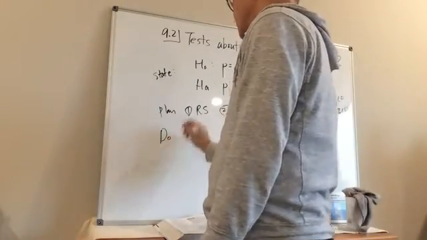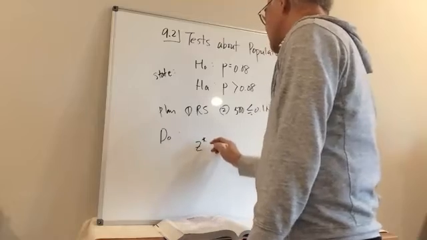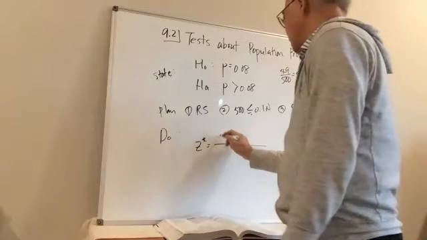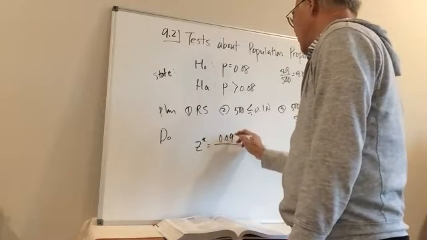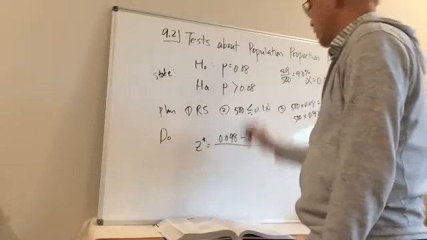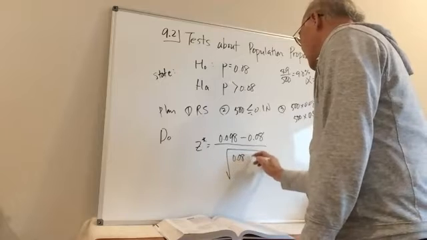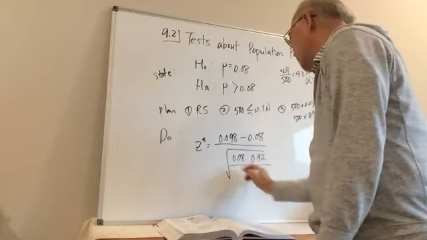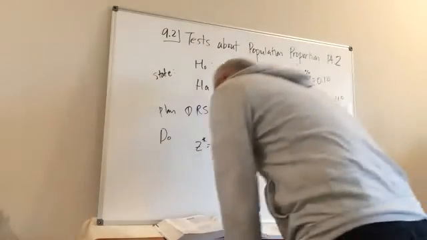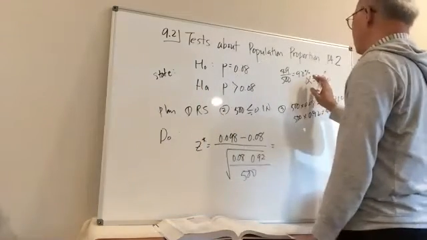Do. Let's find the test statistic. The standardized test statistic z is, we have this guy here, 0.094 minus 0.08, over the square root of 0.08 times 0.92 over n.